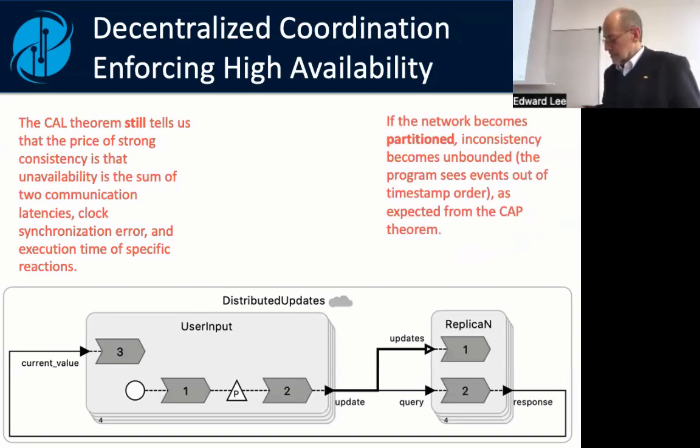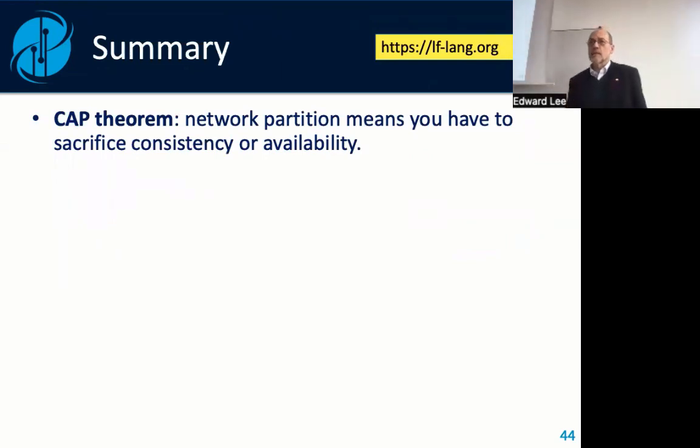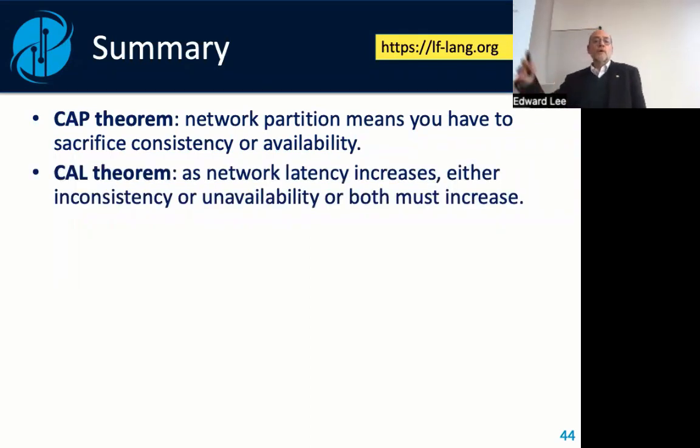In summary, the CAP theorem tells us that network partitioning means you have to sacrifice one of consistency or availability. You have no choice. The CAL theorem quantifies this. As network latency increases, either inconsistency or unavailability must increase.